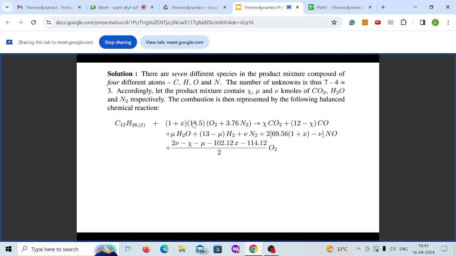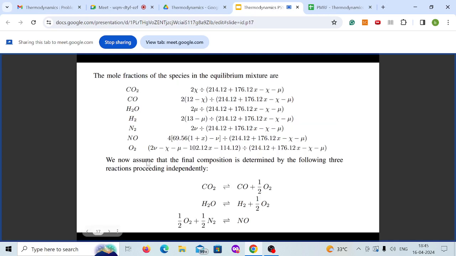So (1 plus x) into 18.5 into (O2 plus 3.76 N2) is reacting to form x kilomoles of carbon dioxide, 12 minus x kilomoles of carbon monoxide, plus mu H2O, plus 13 minus mu H2, plus nu N2, plus 2 into (69.56 (1 plus x) minus v) NO, and similarly for oxygen. Just like previously, we can find out the individual mole fractions for each of the components, and this is what you get.